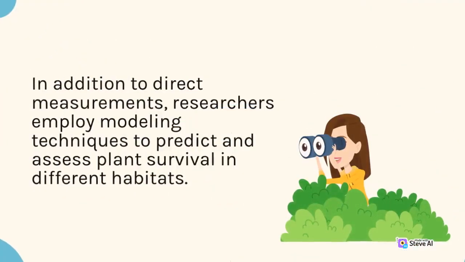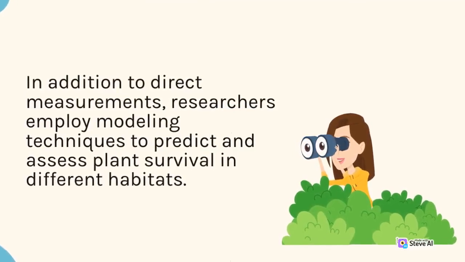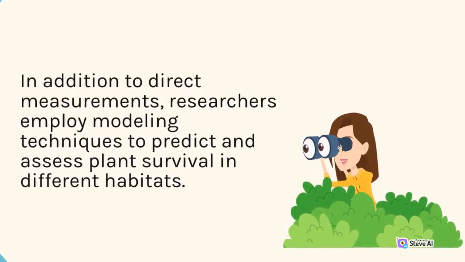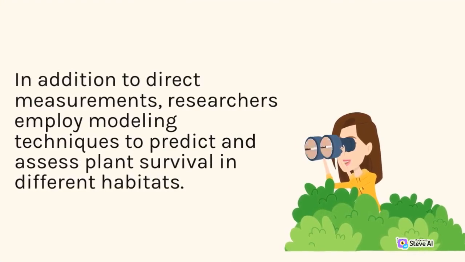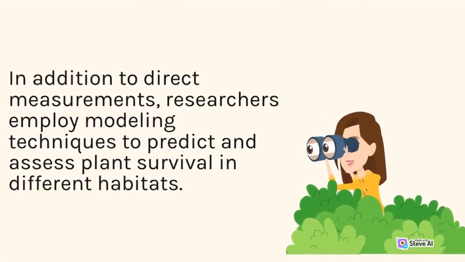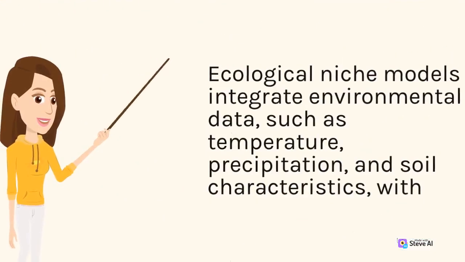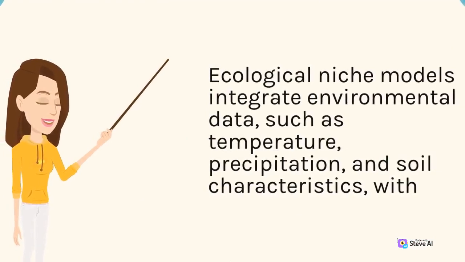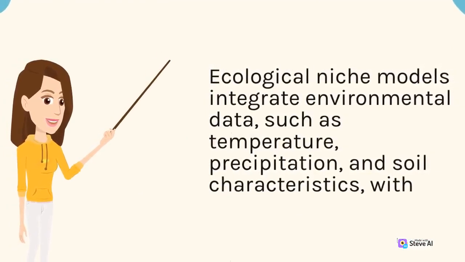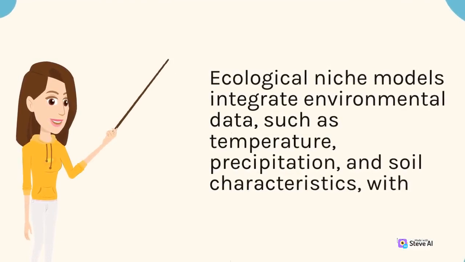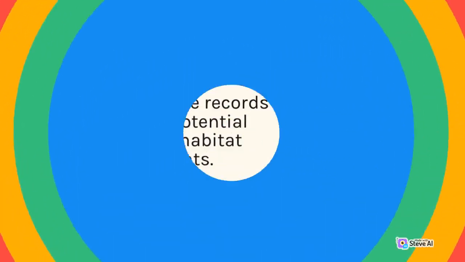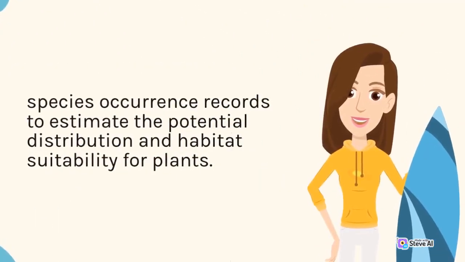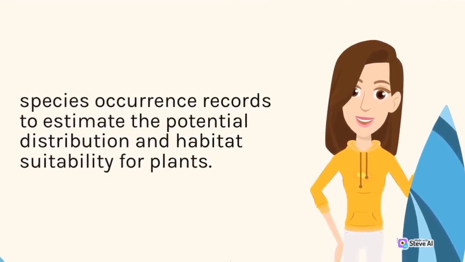In addition to direct measurements, researchers employ modeling techniques to predict and assess plant survival in different habitats. Ecological niche models integrate environmental data, such as temperature, precipitation, and soil characteristics, with species occurrence records to estimate the potential distribution and habitat suitability for plants.